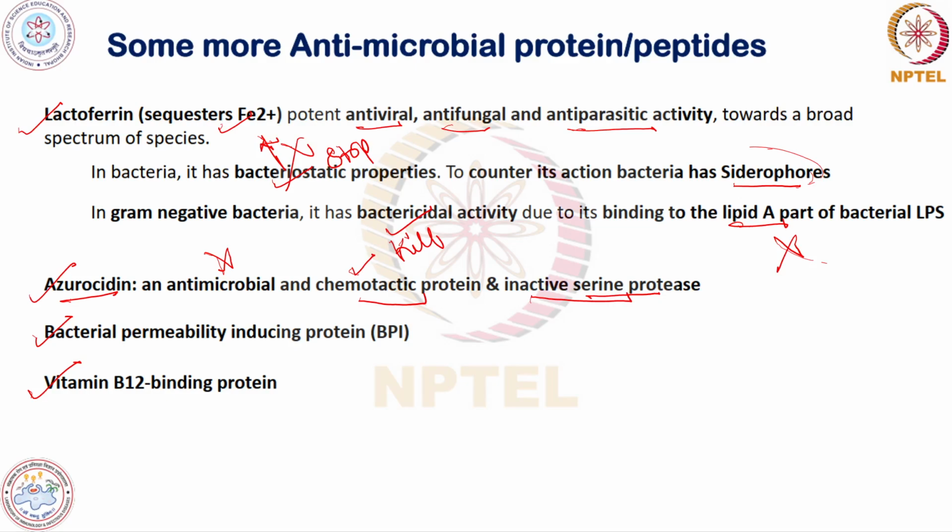So the next one is BPI, that is bacterial permeability inducing protein. This is also responsible for targeting the LPS layer in gram-negative bacteria, and it increases the membrane permeability and causes bacterial death.